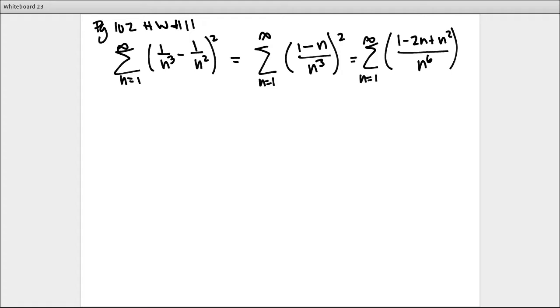And then now you've got a single term in the bottom, so you can separate that, and that ends up giving you a 1 over n to the sixth, and then a 2n over n to the sixth. So that n on top cancels, so you've got a 1 over n to the fourth.